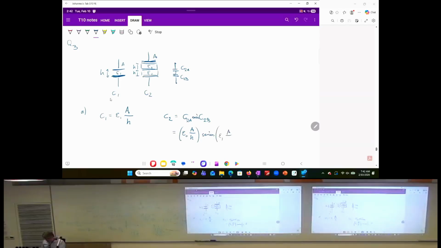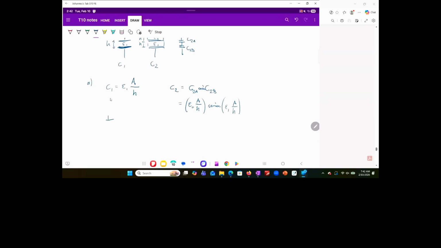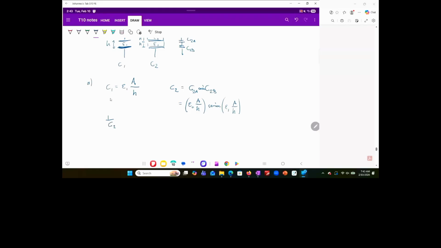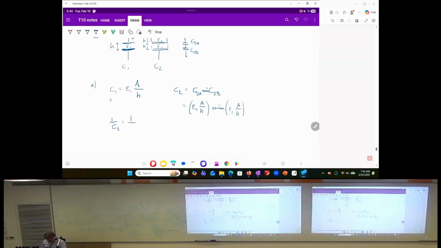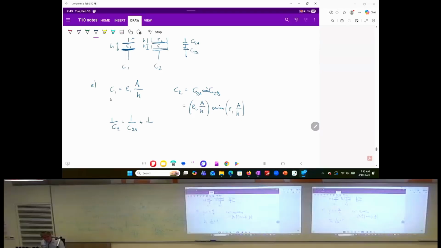So what is a series connection? If you connect these two in series, that means you add all the inverses, which gives you the inverse of the total capacitance.